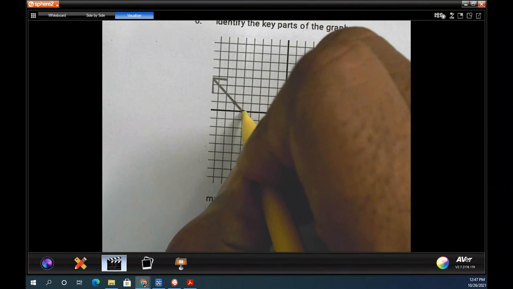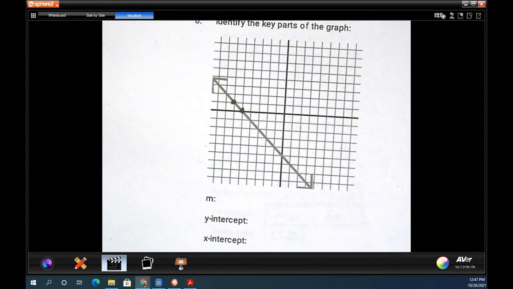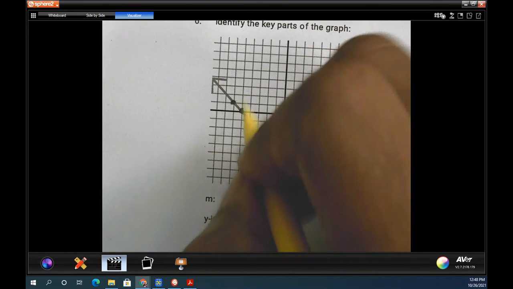The dots are here and here. Okay. Here's the deal. Rise over run.